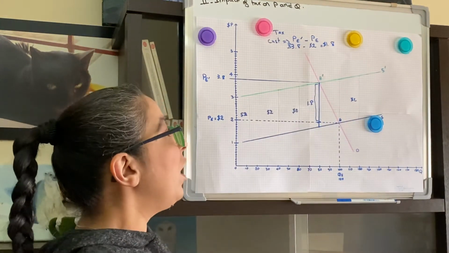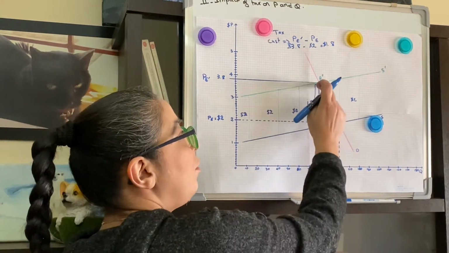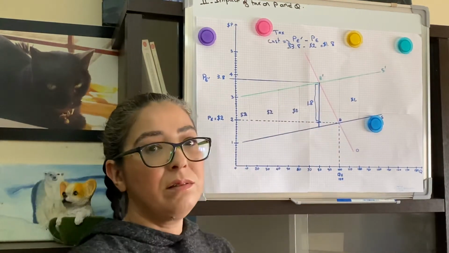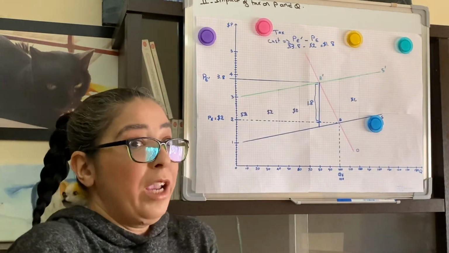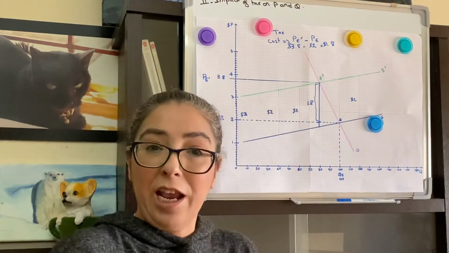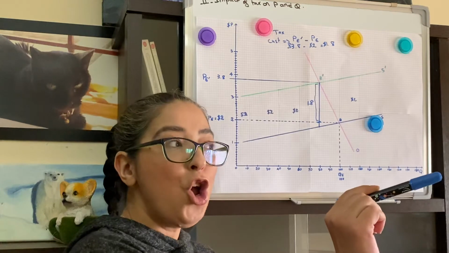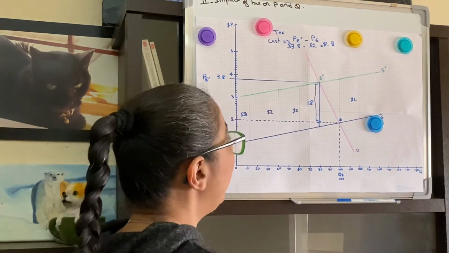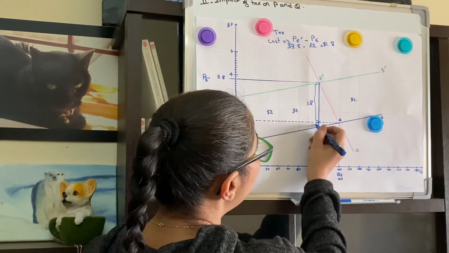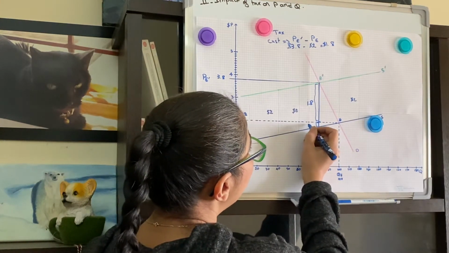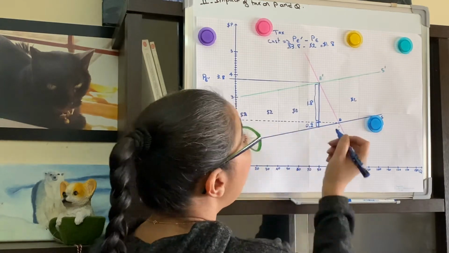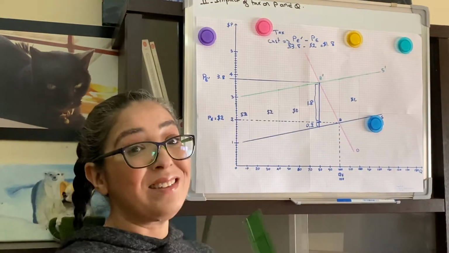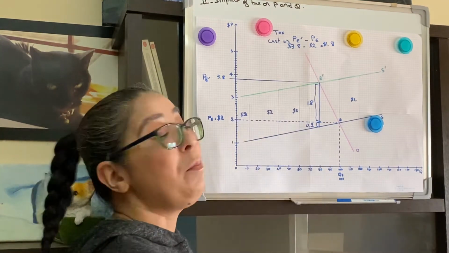So if the consumer pays 1.8, who's going to pay the rest? The government takes the tax. I don't care where you get it from, Mr. Supplier, either from your consumers or from your own money. So here you have 20 cents, 0.2, paid by the supplier. The rest of the tax is paid by the supplier.